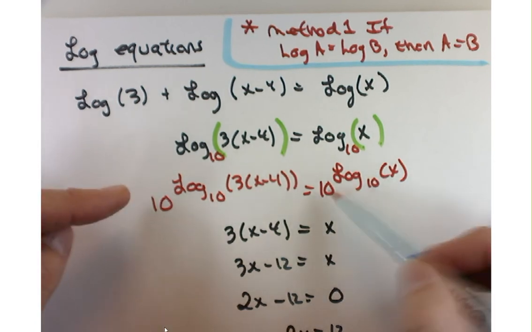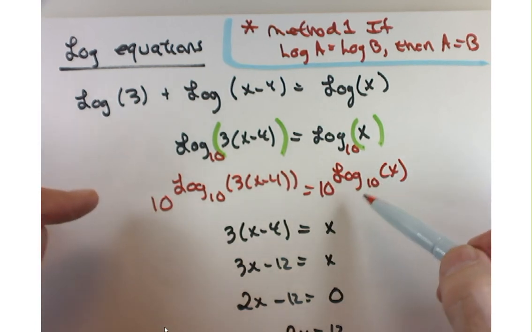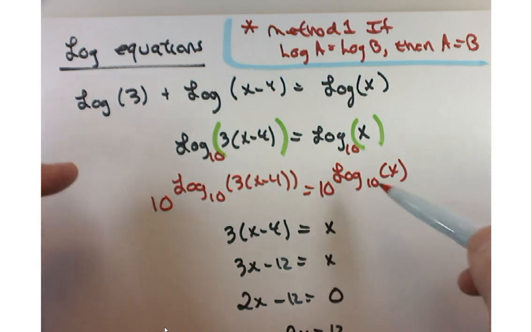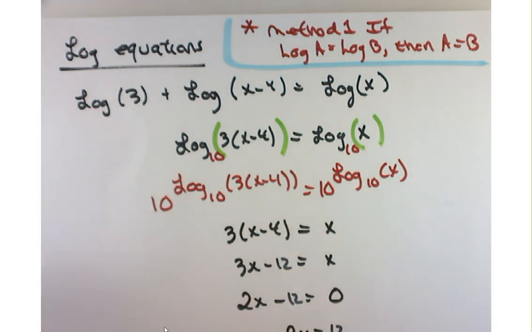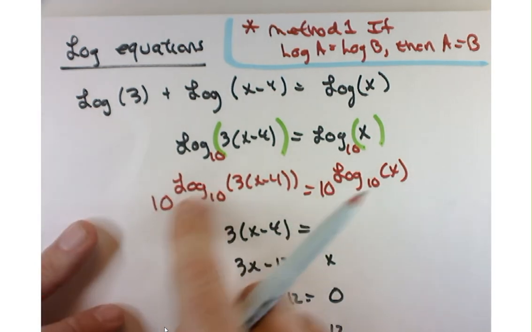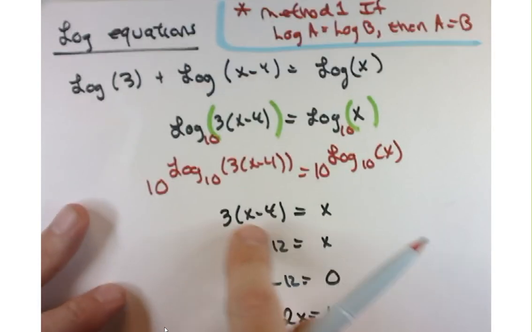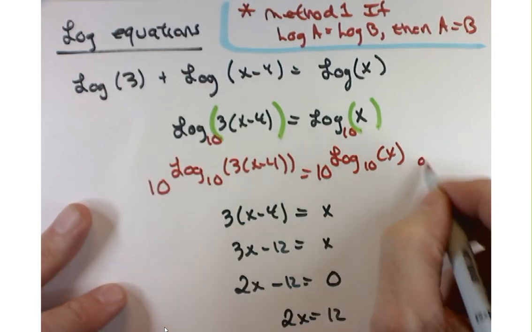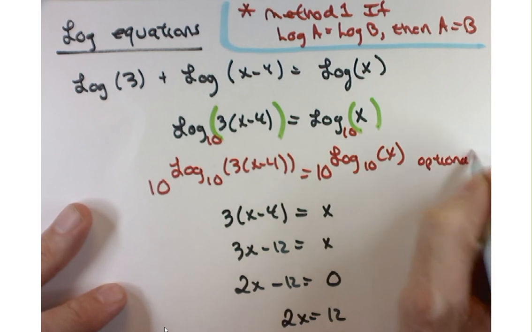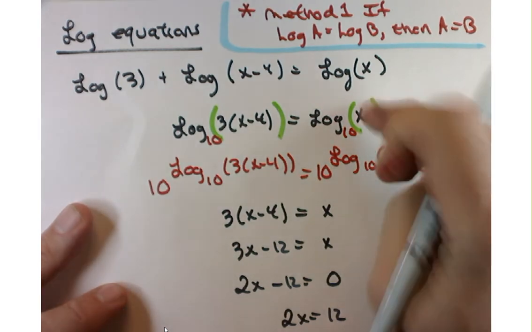These operations are inverses of each other. It's like cubing a cube root. It's going to cancel out that cube root. Likewise, 10 to this power is going to cancel out the log. So you get this. This is optional. You don't have to show that step. You can go from here to here.